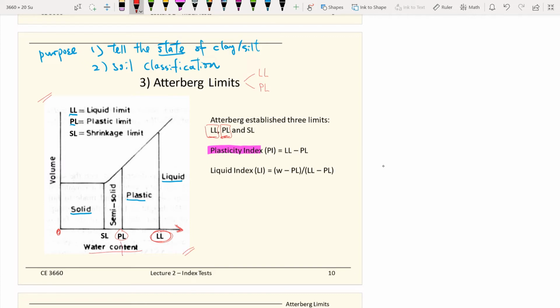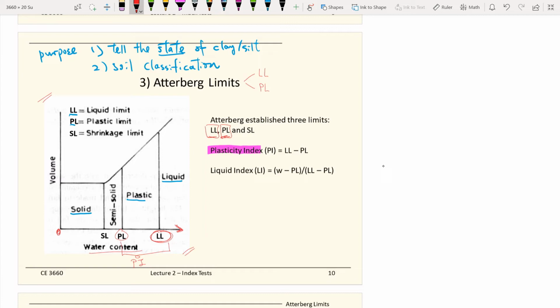So the difference between the two will be the plasticity index. If you have a large value of PI, it means the soil can hold a lot more water, because the plastic state on this diagram is much wider.